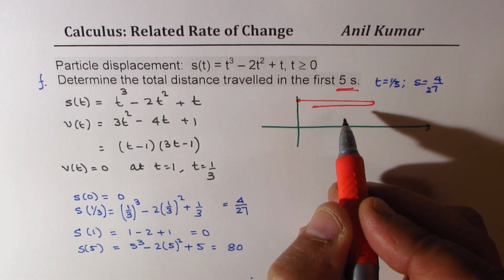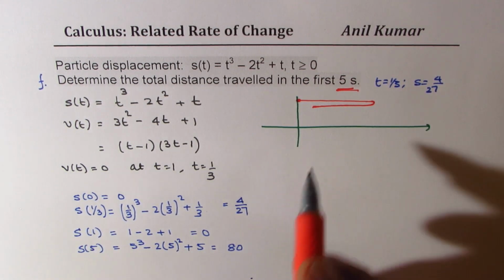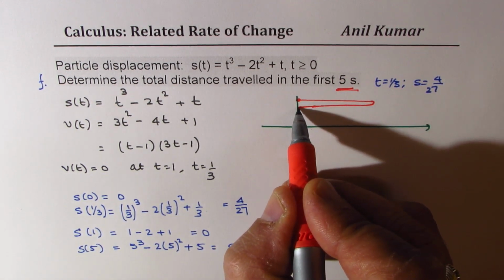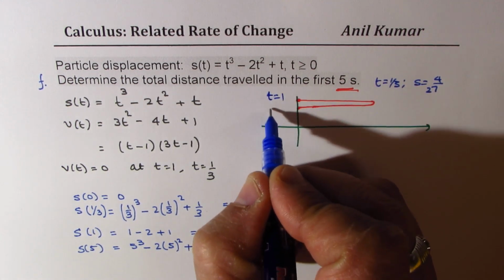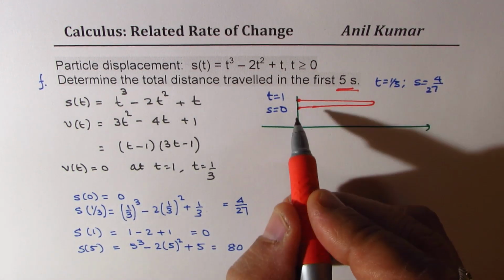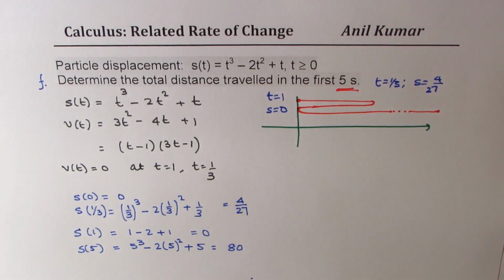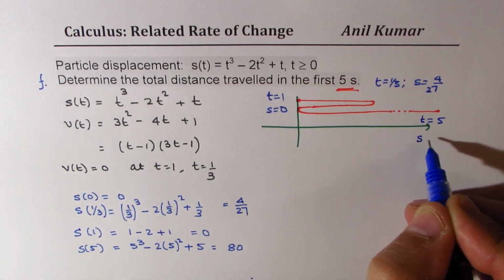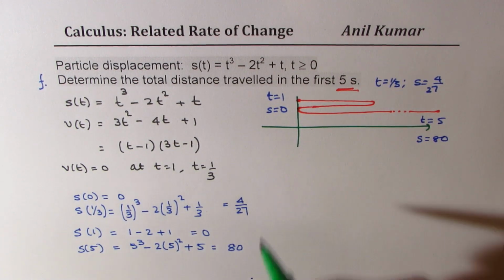That happens at t equals 1, where the displacement is 0. Then again it moves forward from here. At t equals 5, we have s equals 80. So from here you can calculate the total distance traveled.